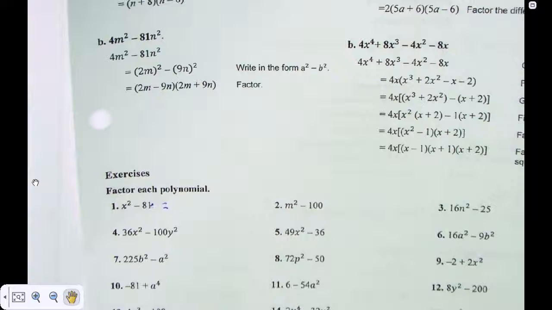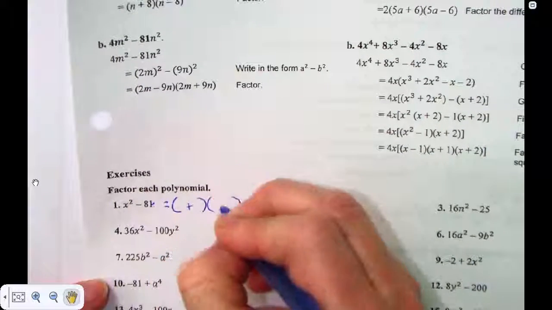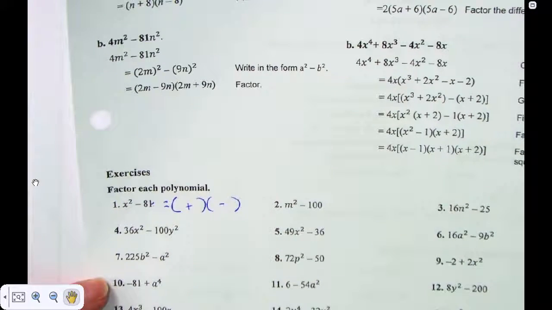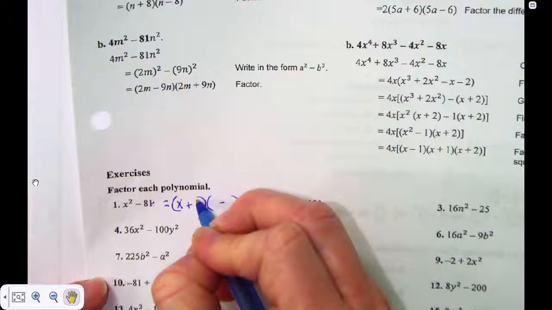What happened when we got rid of the middle term? There you go. 1 was plus, 1 was minus. And we eliminated the middle term. So what's going to go here? X, what's going to go here? 9.